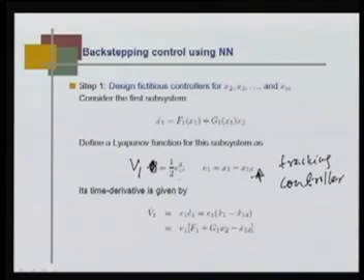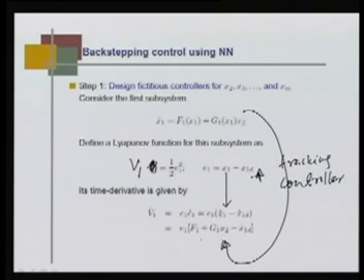V1 is half e1 square and V1 dot is e1 into e1 dot, and e1 dot you can easily see is x1 dot minus x1d dot. And what I can do, this x1 dot I can bring from here, which is f1 plus g1 into x2, minus this quantity which is x1d dot.